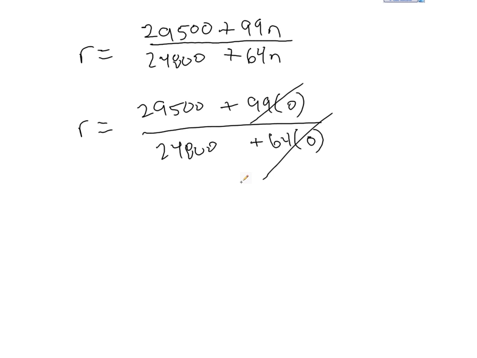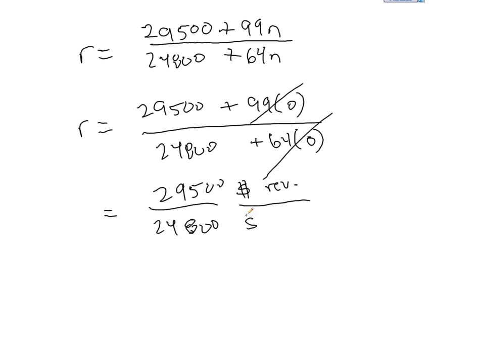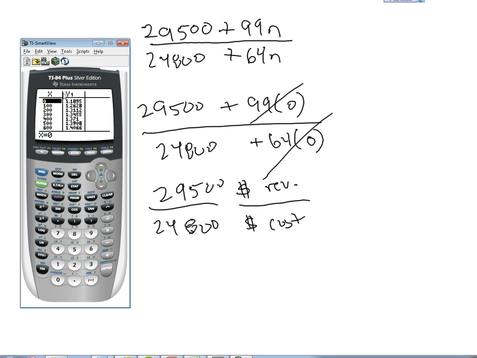So these terms would go away, and I'd be left with 29,500 divided by 24,800. Let's think about what these units represent. This is dollars of revenue, and this down here is dollars of cost. So my ratio is dollars of revenue per dollar of cost. Well, that's what I'm actually getting when I divide those.